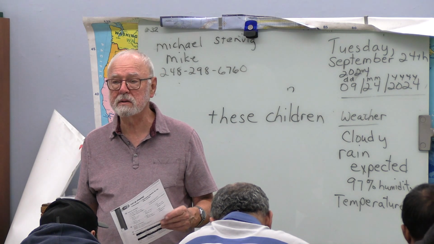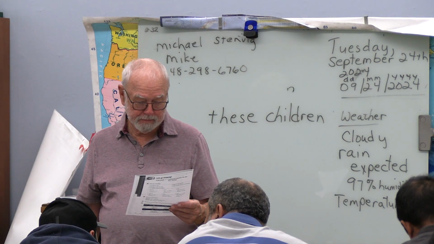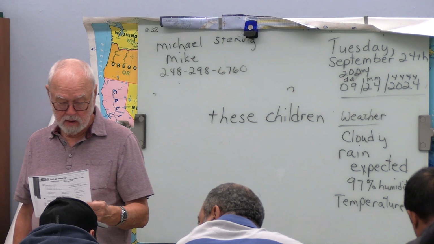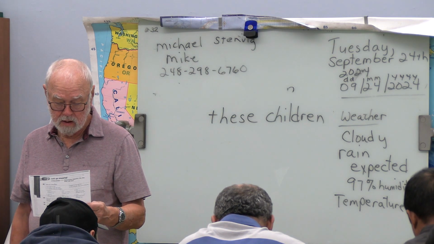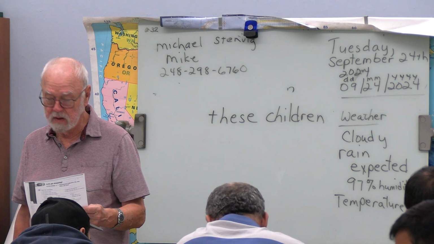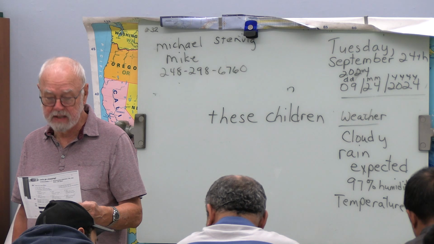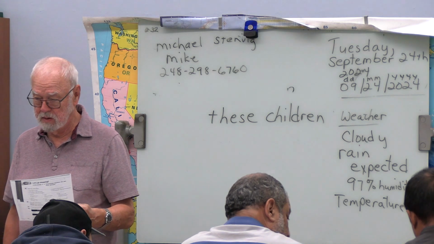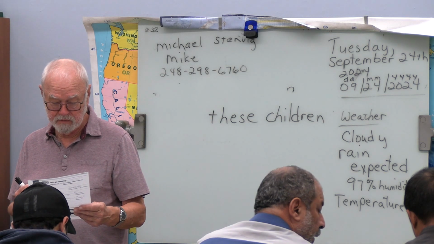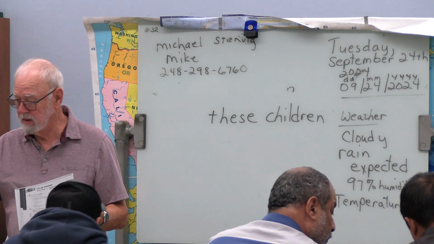Very good. Pants. Next one. What kind of scarf? This, that, these, or those. This scarf. Finish the sentence.